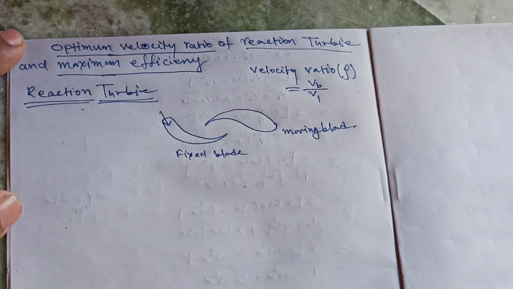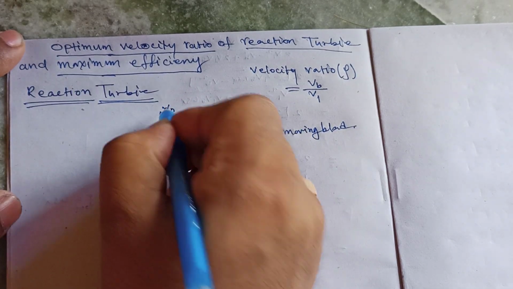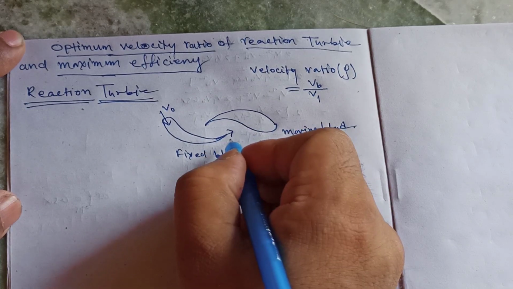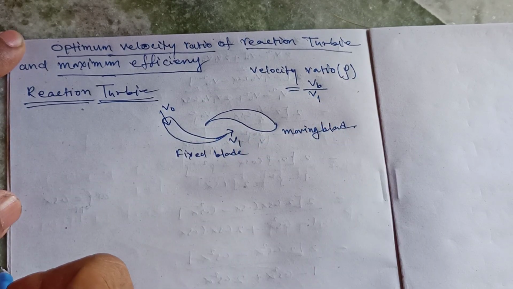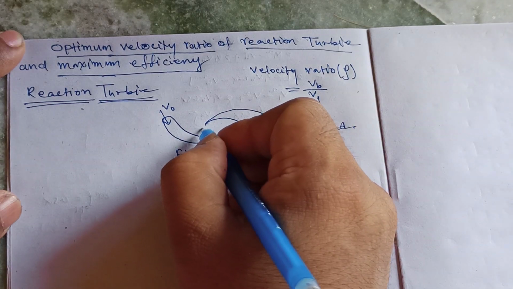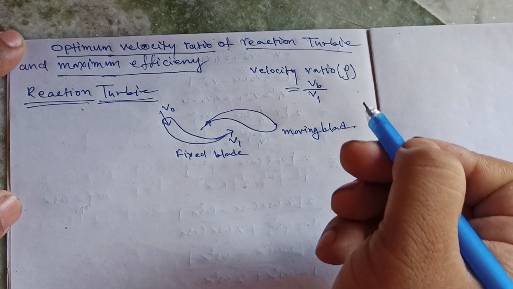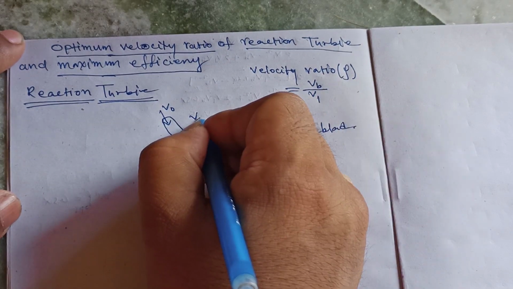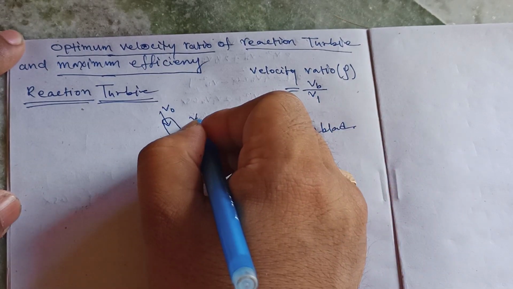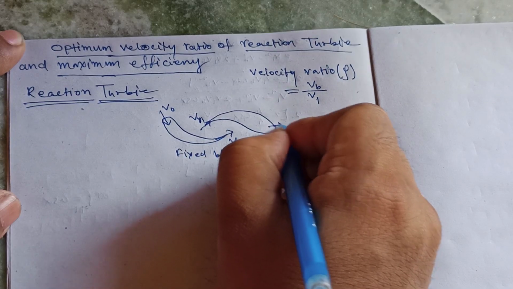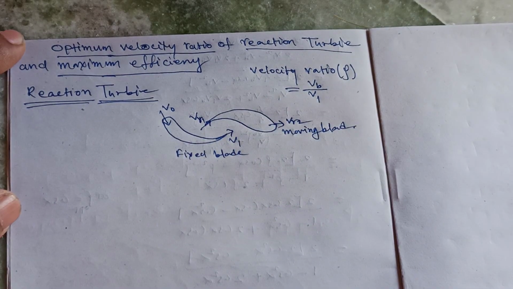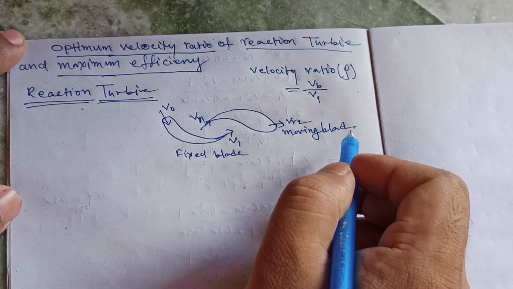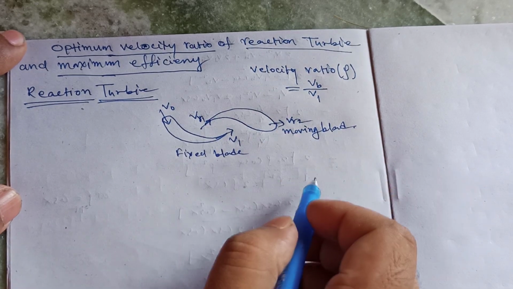inlet velocity of fixed blade considering V0 and outlet, that's the absolute velocity V1, and inlet velocity at the moving blade, this is VR1 and this is VR2. Why is it relative velocity at the moving blade? Because the blade already is rotating.